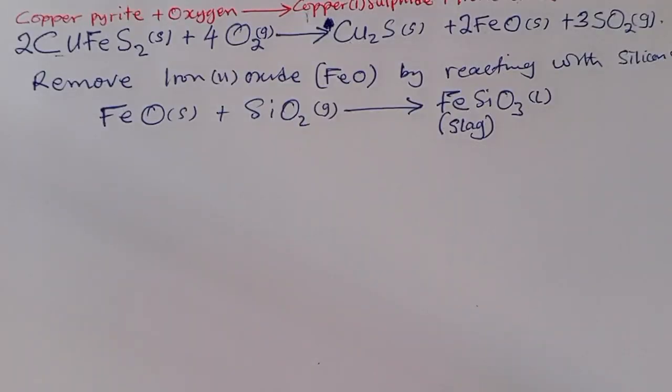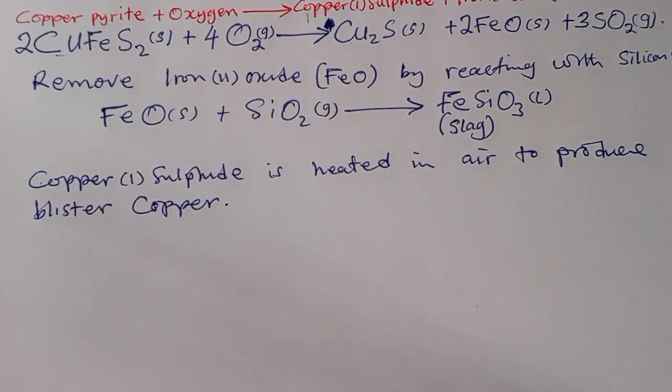The last thing that we are going to do is reduce copper 1 sulfide to copper by strongly roasting it in air. Copper 1 sulfide is heated in air to produce Brewster copper.